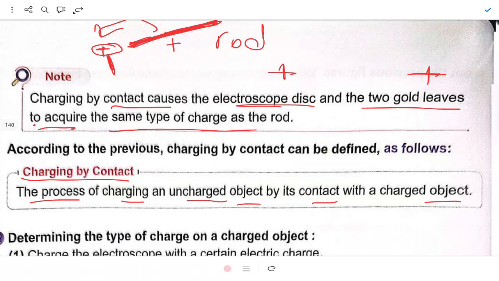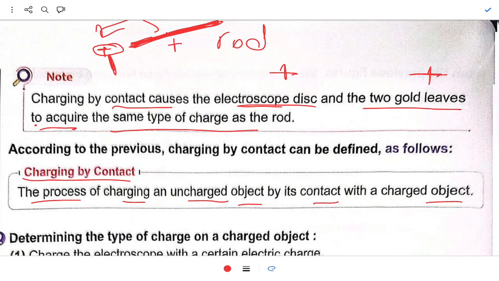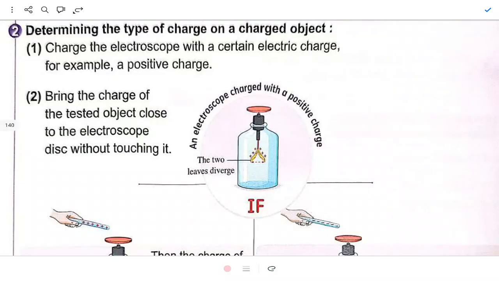It is the process of charging an uncharged object by its contact with a charged object. So if you have a charged object like this rod, and it touches something else like the disc, the disc will be charged when the rod touches it. If the rod is positive, the disc will be positive.